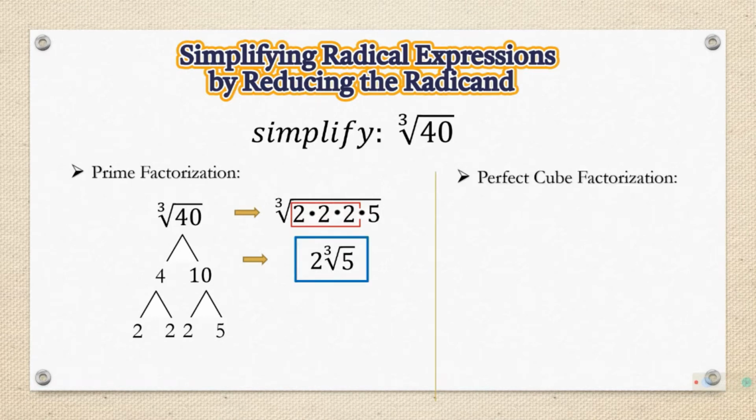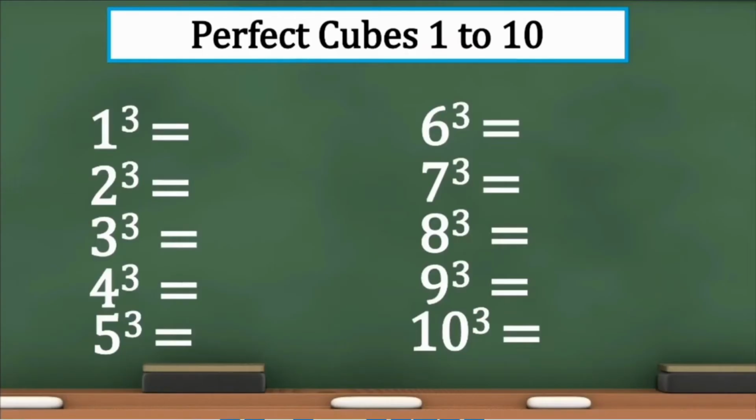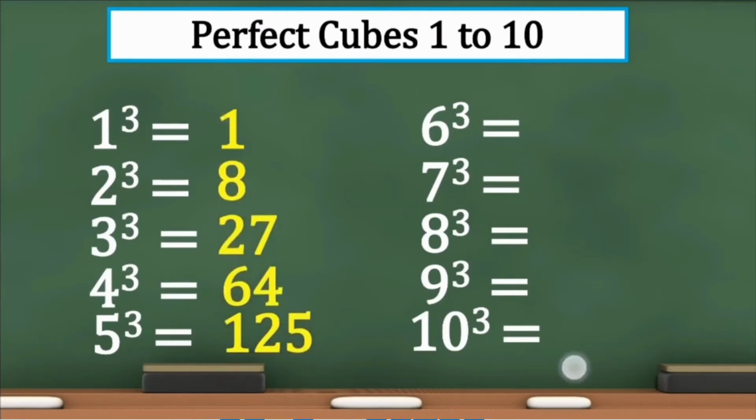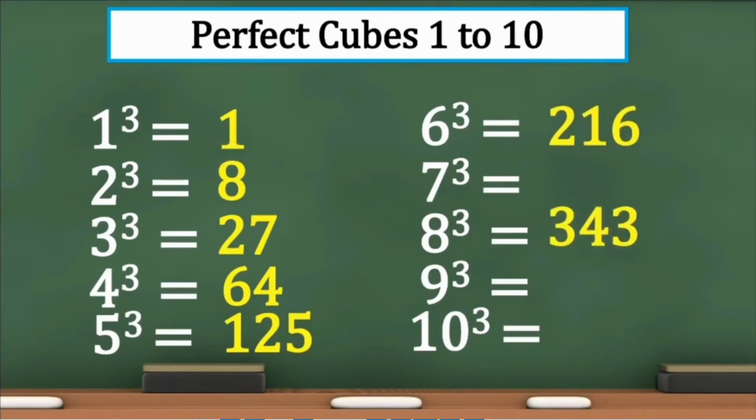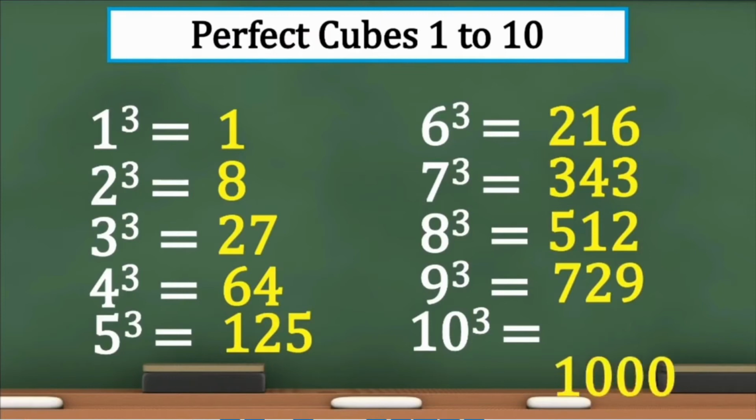And using perfect cube factorization, we have to consider the factors that are perfect cubes. And they are 1, 8, 27, 64, 125, 216, 343, 512, 729, 1000, and so on.